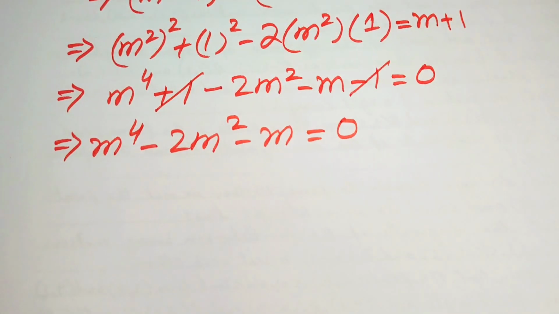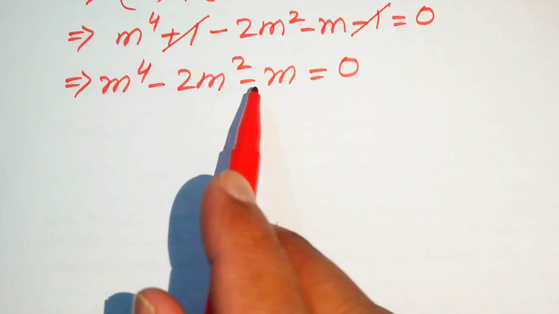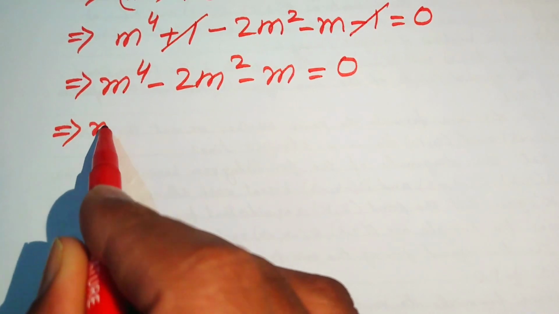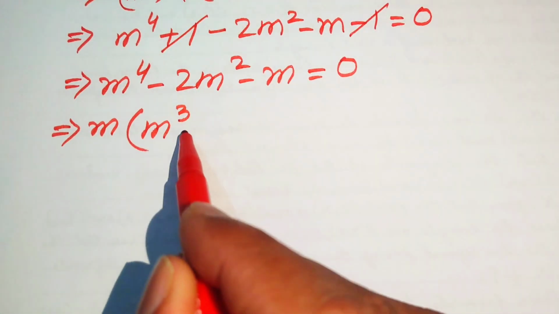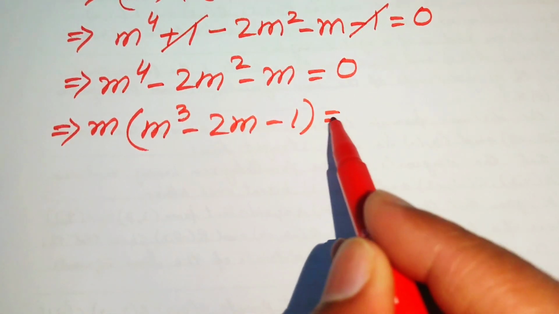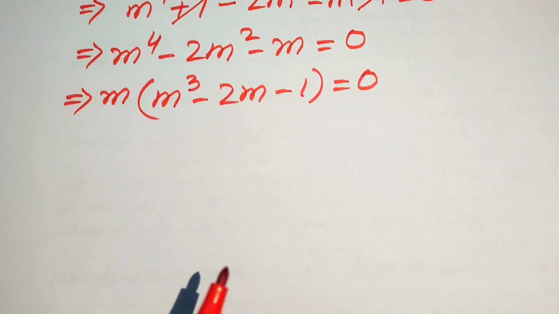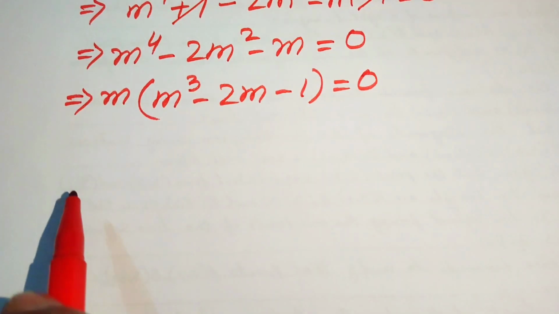Now each of these terms involves m, so we take m common from these terms, and the remaining terms are m cubed minus 2m minus 1 equals 0. In the next step, we divide this equation into two cases.